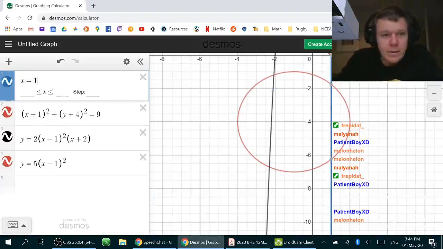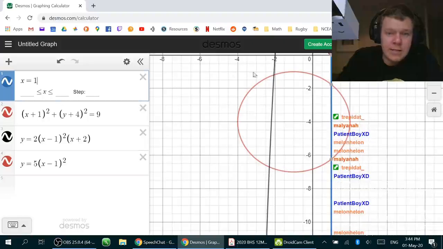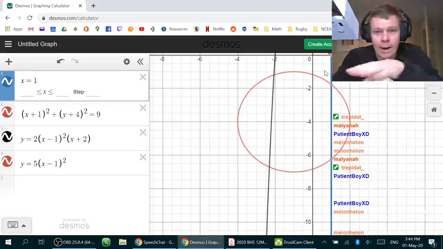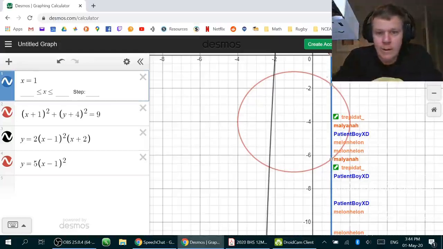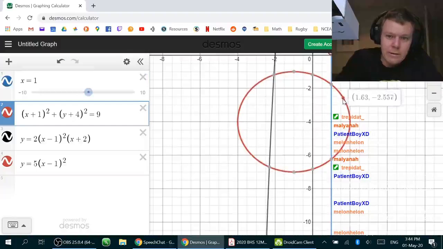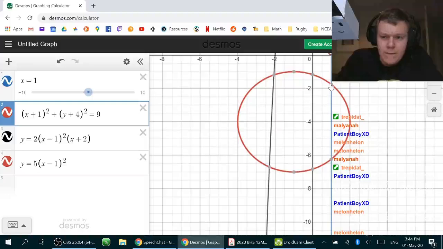That's a handy thing to do on Desmos as well, is if you just put in x equals 1, that makes a vertical line, and if you did y equals 1, that makes a horizontal line at 1, and that creates these intersection points, which you can hover over a lot easier than just out here. It's not directly on the numbers, so yeah, there's that point and there's that point.